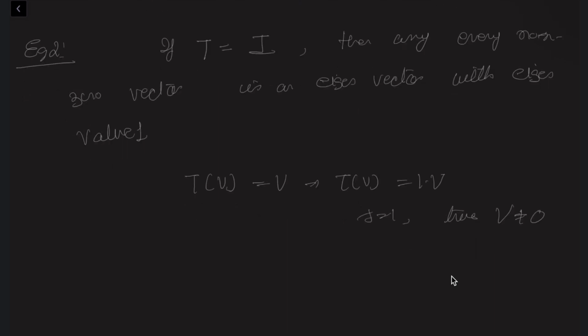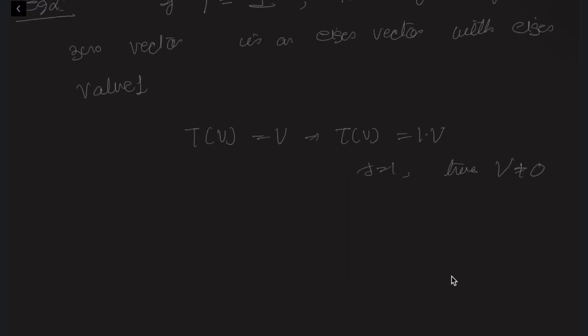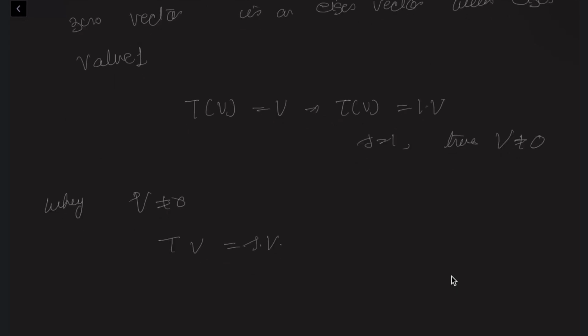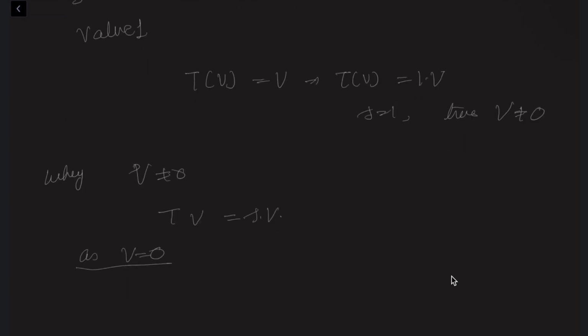And why do we not consider the zero vector? Why do we consider v to be non-zero whenever we are talking about an eigenvector? See, if I write that T of v is lambda times v, now suppose v is 0. So T of 0 is always 0, which equals lambda times 0, which is always 0, true for all lambda.